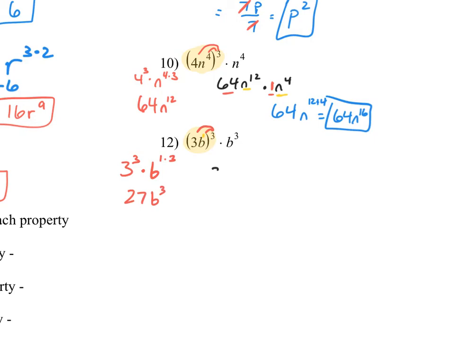So now you've got 27 b to the 3rd times b to the 3rd. We've got b's, so we know we're going to have powers, and then coefficients out in front, 27 and 1. So we get 27 b to the 3 plus 3 because you add them when you multiply. So it's 27 b to the 6th.